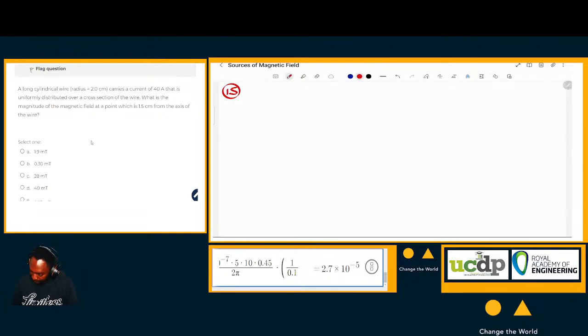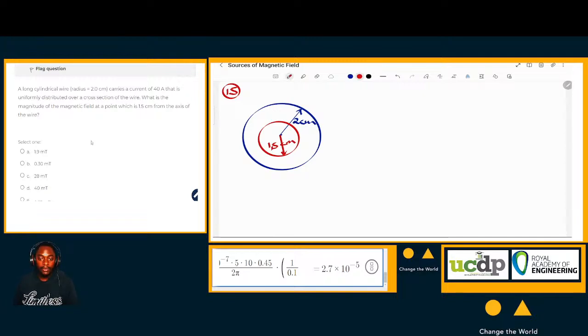Okay, so this is 2 centimeters, but we are being asked at 1.5 centimeters, which is 1.5 centimeters from the axis, right?